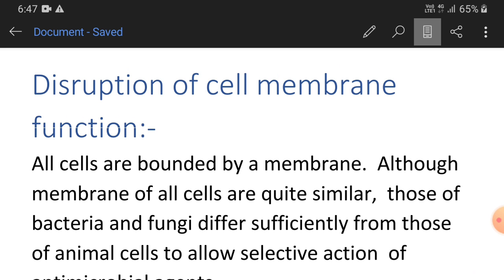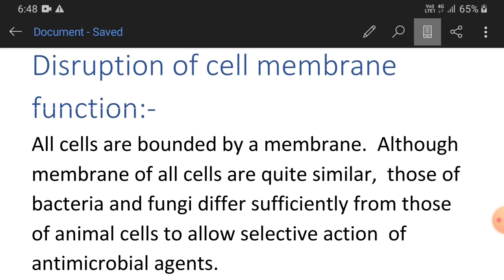There are various cells and all cells have various kinds of cell membranes, okay, and the composition of the cell membranes is nearly similar, but luckily there are some important characteristics that only bacteria and fungi have.